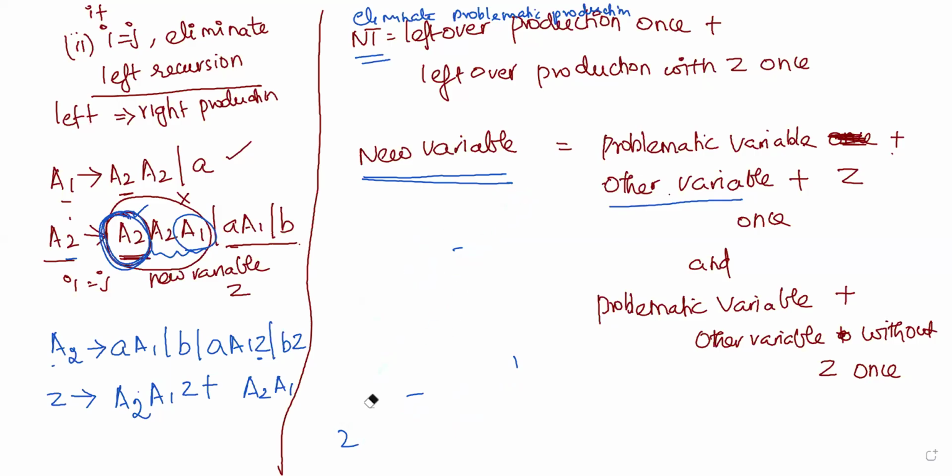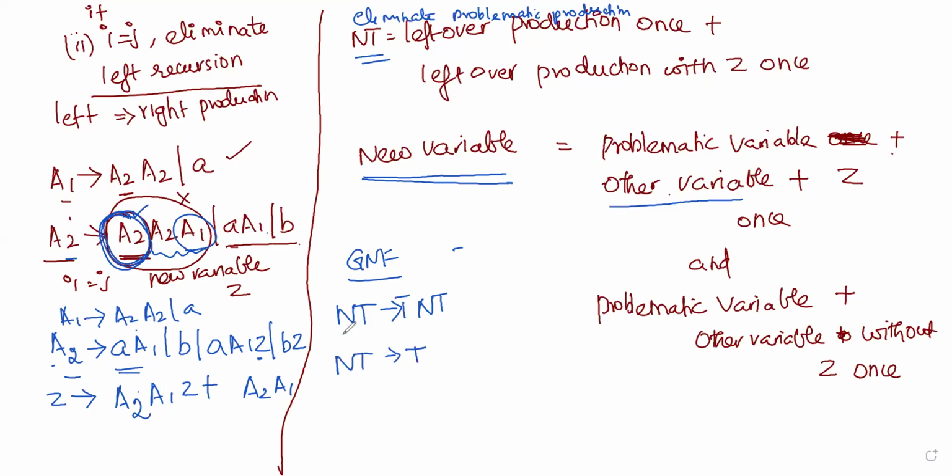So now I have removed all the null productions, unit productions, i less than j, i equal to j. Check whether i is less than j. So A1 gives A2 A2, A. Here i is less than j. Yes, here A2, A1, everything is accepted. Why? Because it is following the property of GNF. What is GNF? How should the GNF be? Terminal followed by non-terminals, or a non-terminal giving you only a terminal.